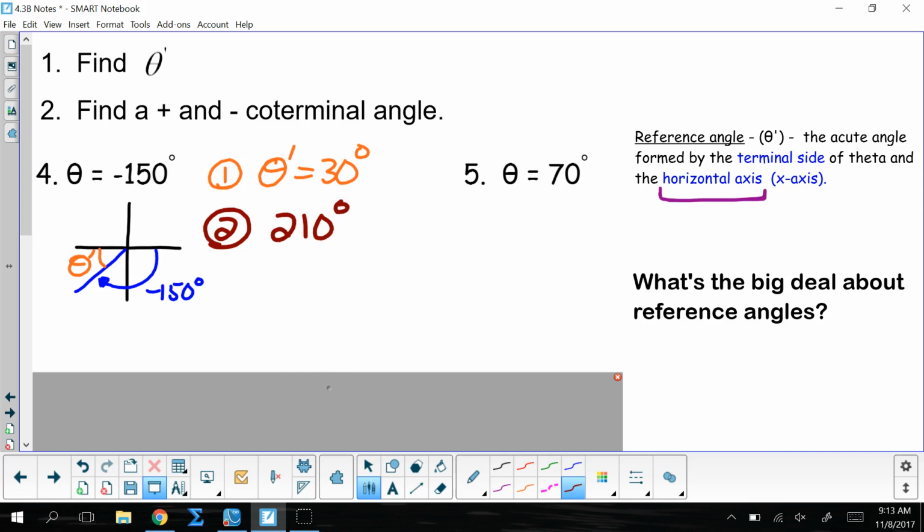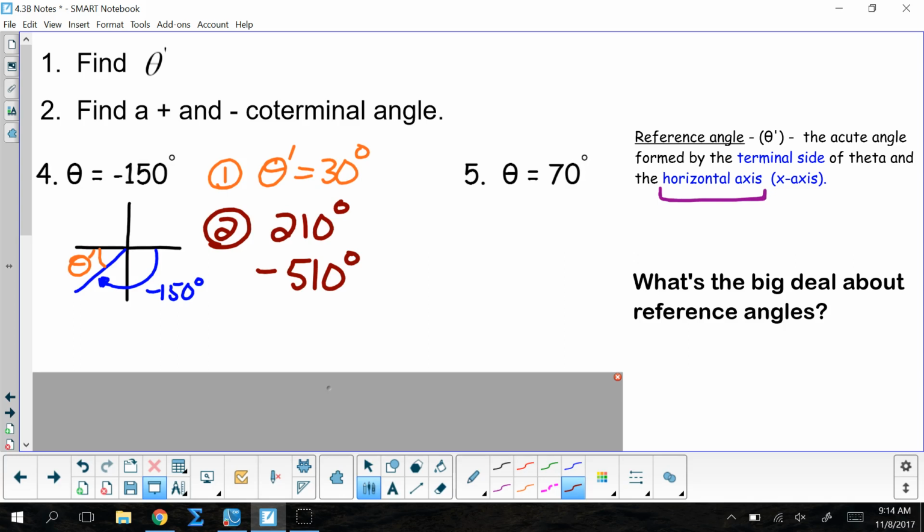A negative coterminal angle would be negative 510 degrees. From yesterday's video, does anybody know how it's very easy to find a positive and negative coterminal angle? Emily S., I saw your hand first. So we add 360. Or if we're going in the negative, we would subtract 360.